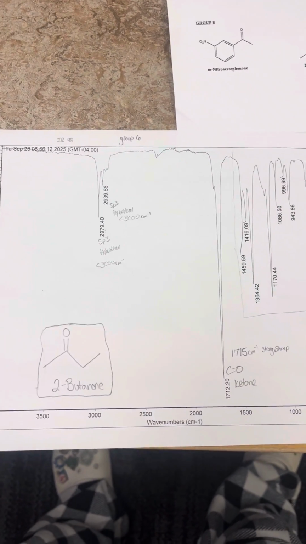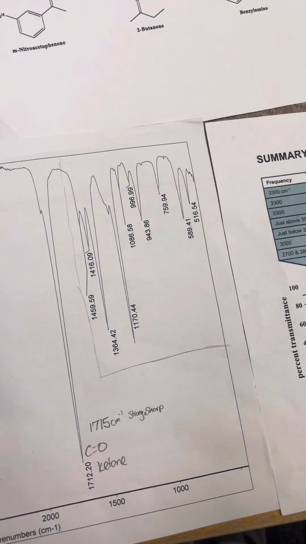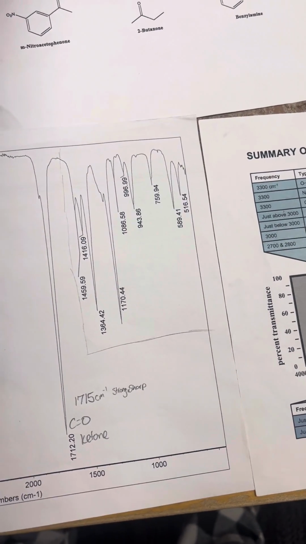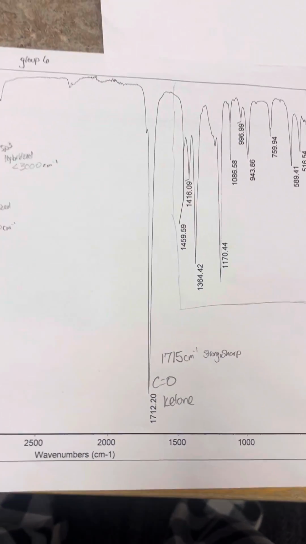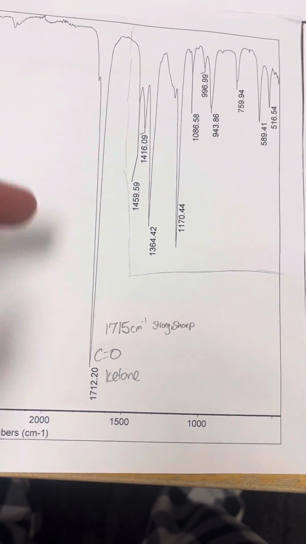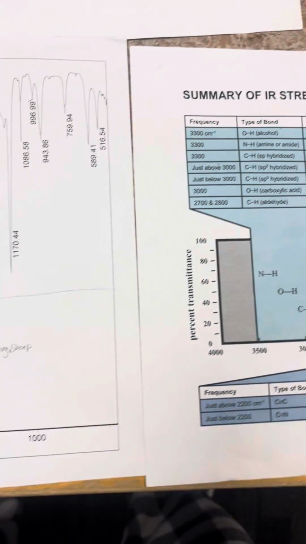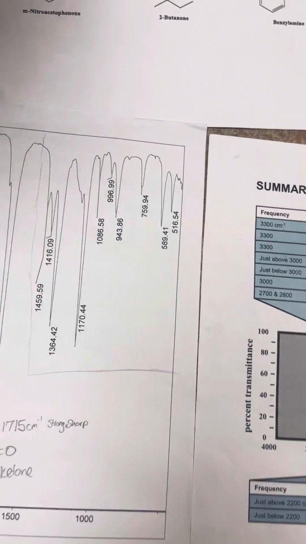That's how I deduced it to be a ketone. So, like I said before, this is going to be a strong peak, usually very strong. And that relates, as I said, to a ketone.